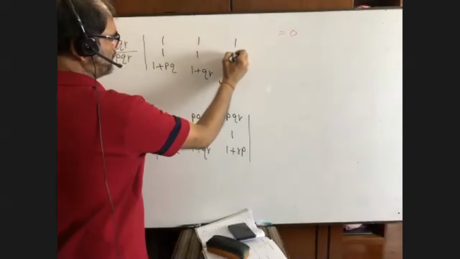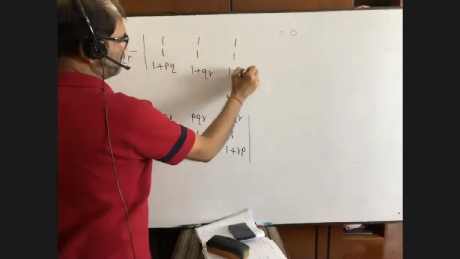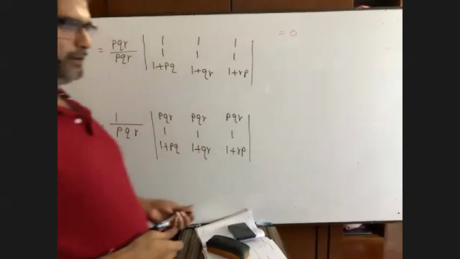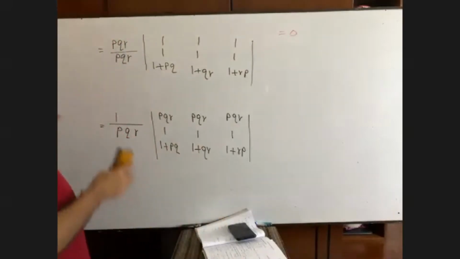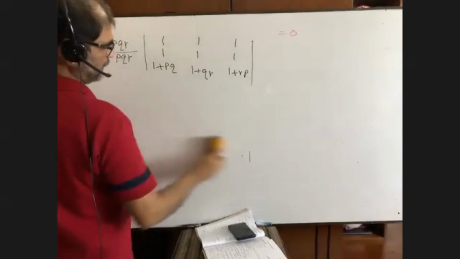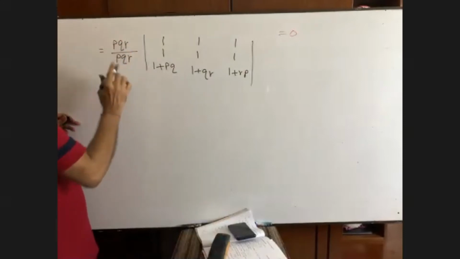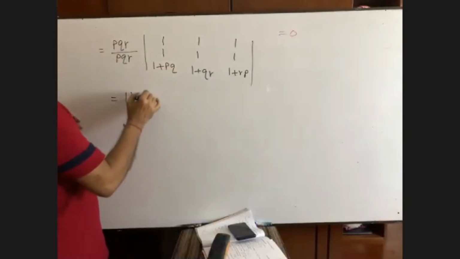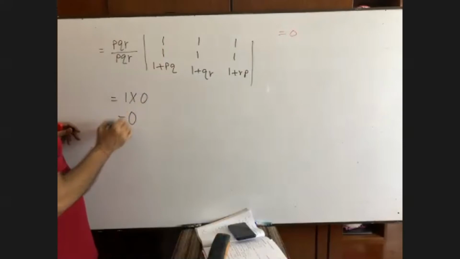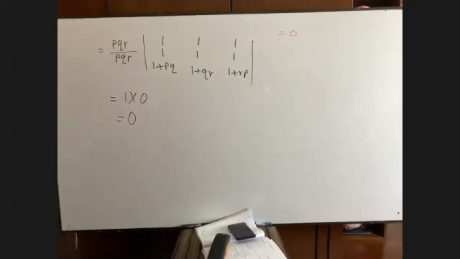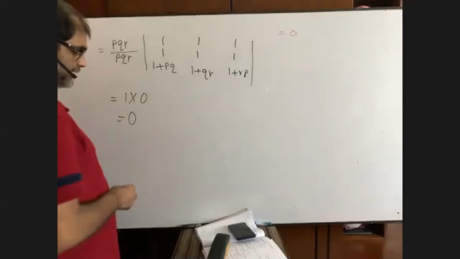It is 1, 1, 1 plus RP. And we are getting 2 rows equal. What I told you, having 2 rows or 2 columns equal, the determinant is 0. So we have got our right hand side as 0. Is it okay? So nothing to be worried seeing the maths.